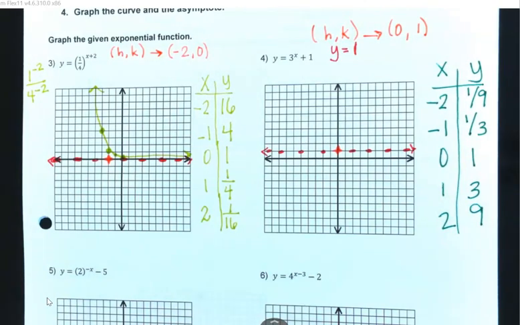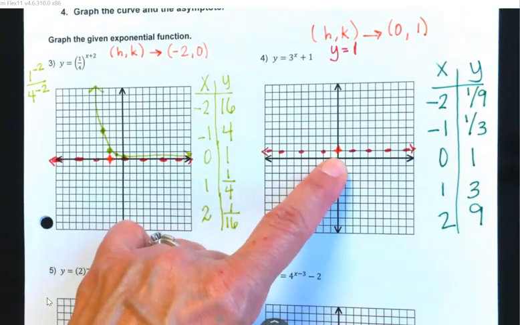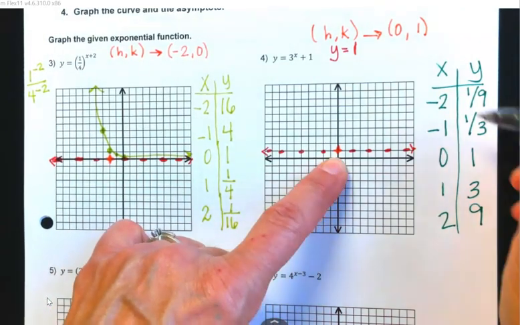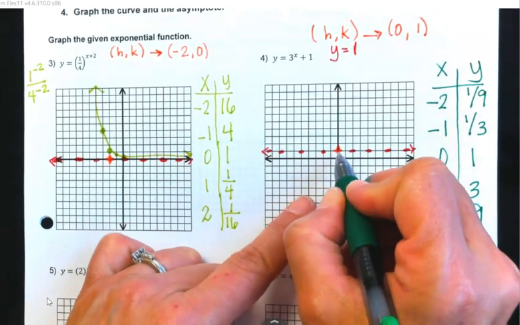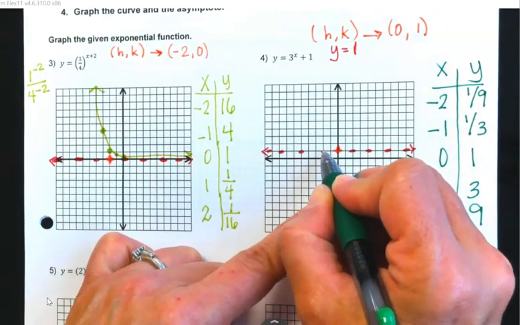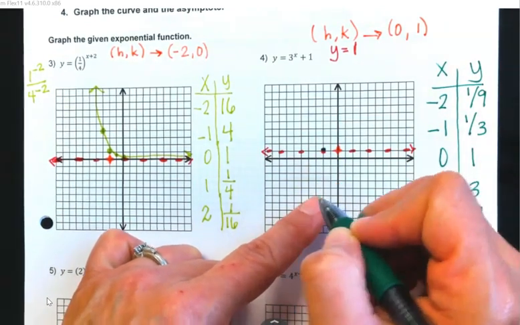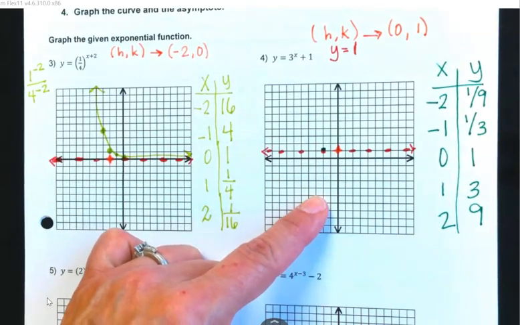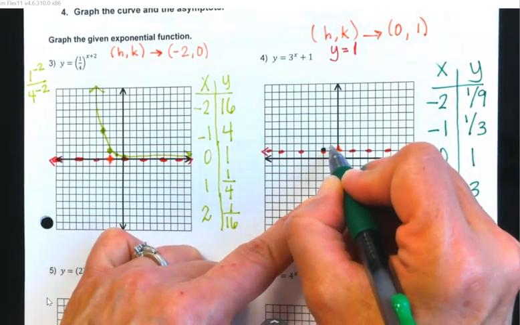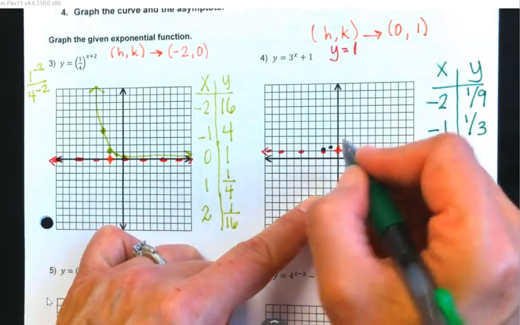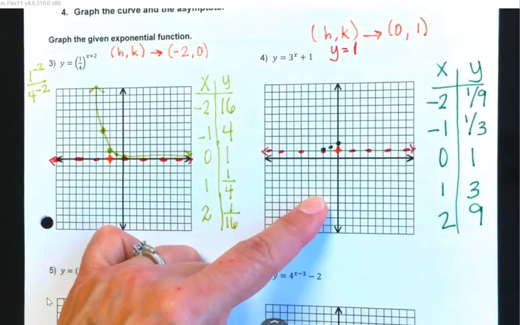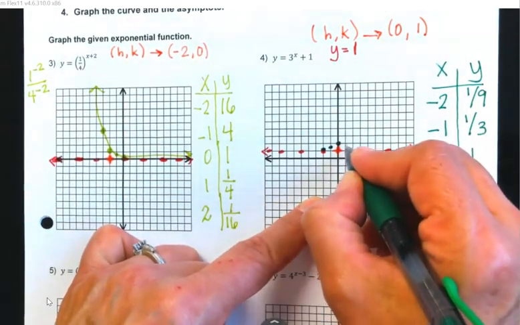So we're going to plot these from our new starting point. Remember, everything has been shifted up 1 place. So 2 units to the left, and try to just estimate where 1/9 is. 1 unit to the left, 1/3. Here's 0, 1. And then +1, up 3.